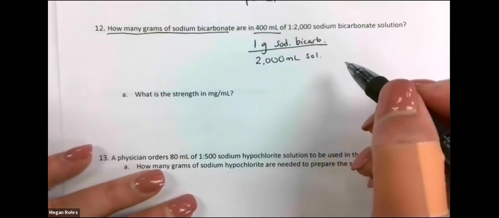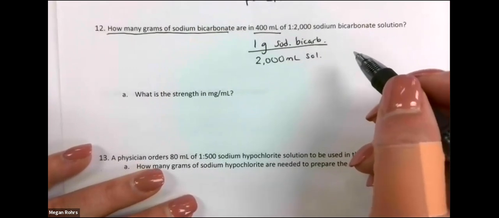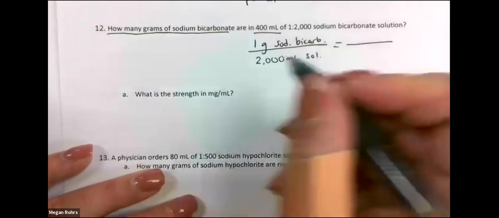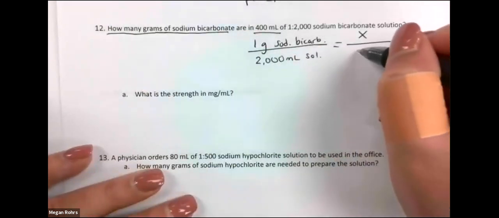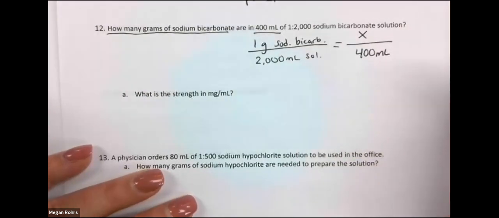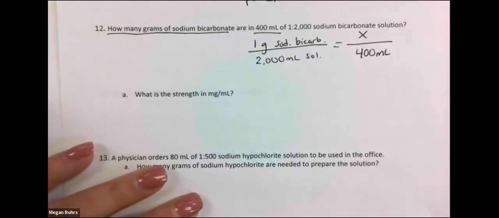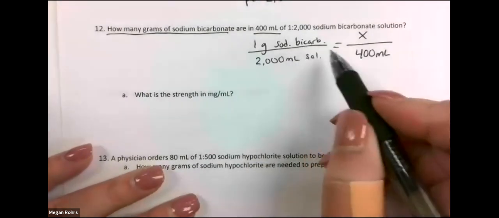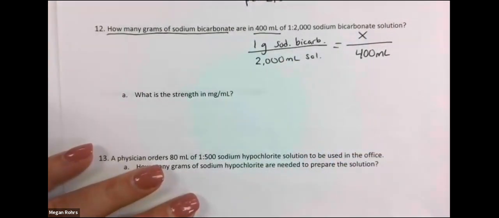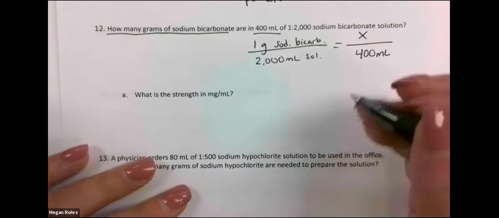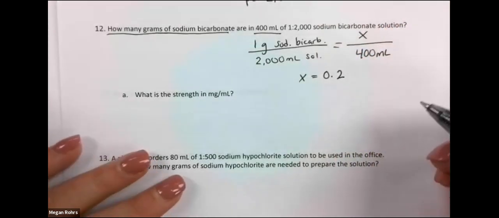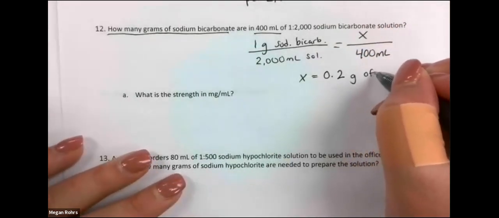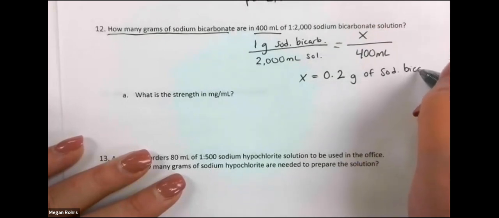So we can use ratio and proportion just like we did with percentage strength. Set that equal to what we're looking for. We're looking for grams on top. Milliliters goes down on bottom. So we're going to take 1 times 400, which is just 400, and we're going to divide that by 2,000. And I get 0.2. So we need 0.2 grams of sodium bicarb.